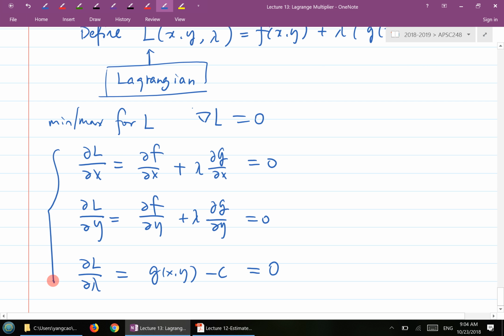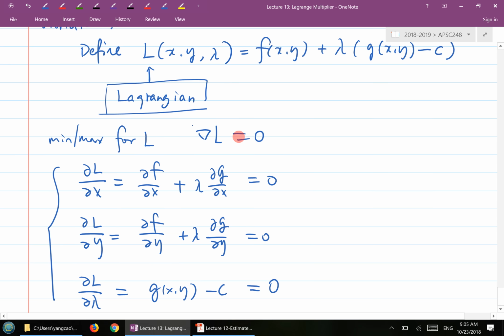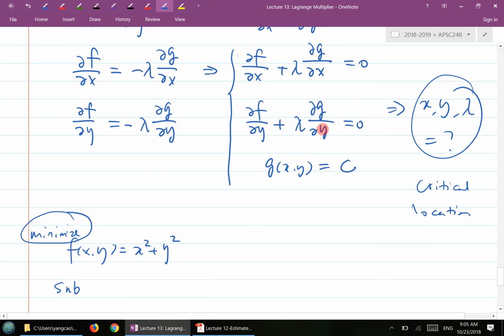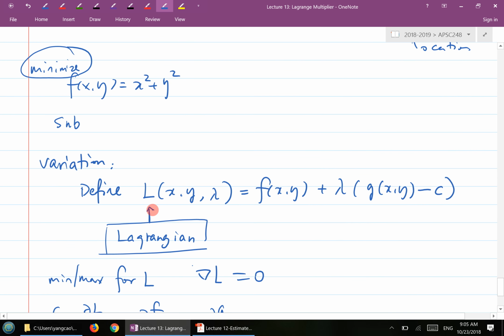So if you calculate each partial derivative and set it equal to 0, this is what you get for the first derivative test. If you look carefully at these results, this is exactly what we have just written down for the 3 equations here. That's the beauty of this new function, the Lagrangian.